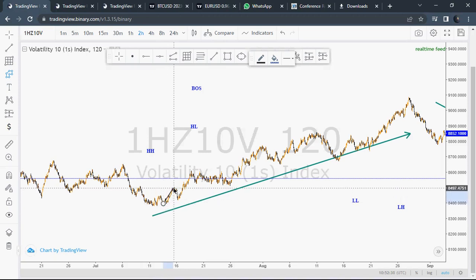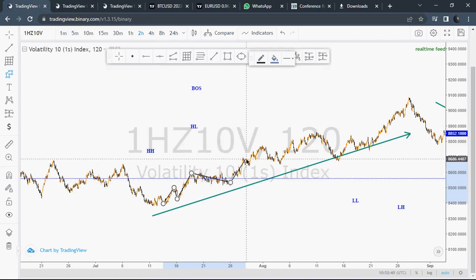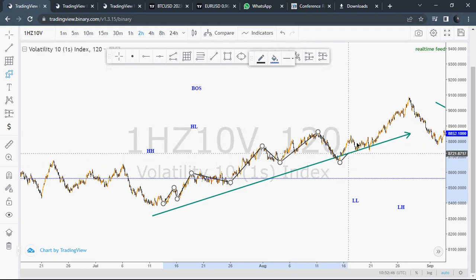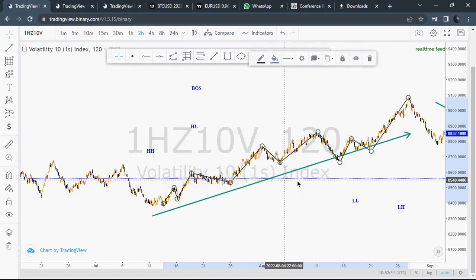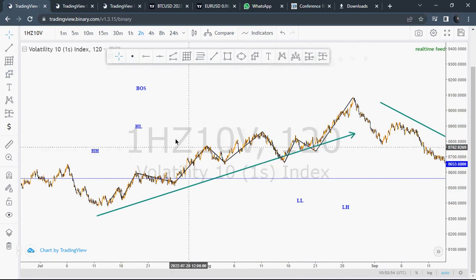From here, this is the market movement. You can see all this part was a consolidating area. All this part the market was consolidating, and then we now have this. So you can see that the market is in an uptrend, basically. Up to this was the last point where we have our uptrend.